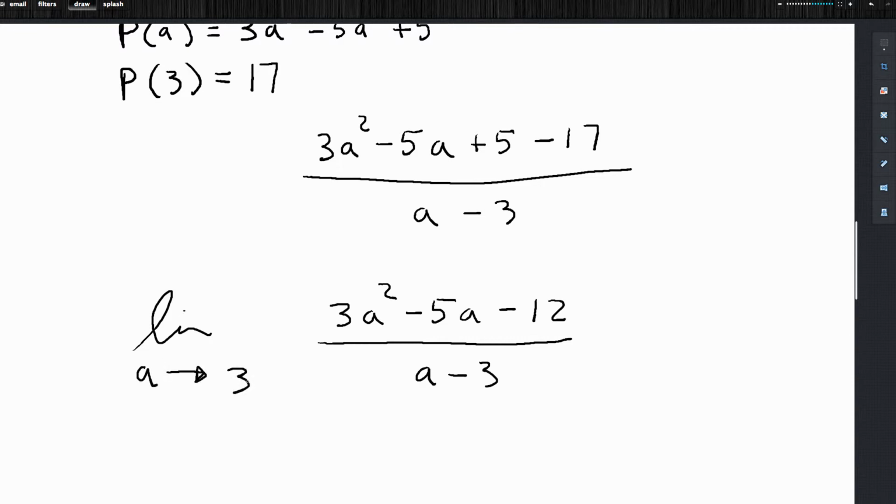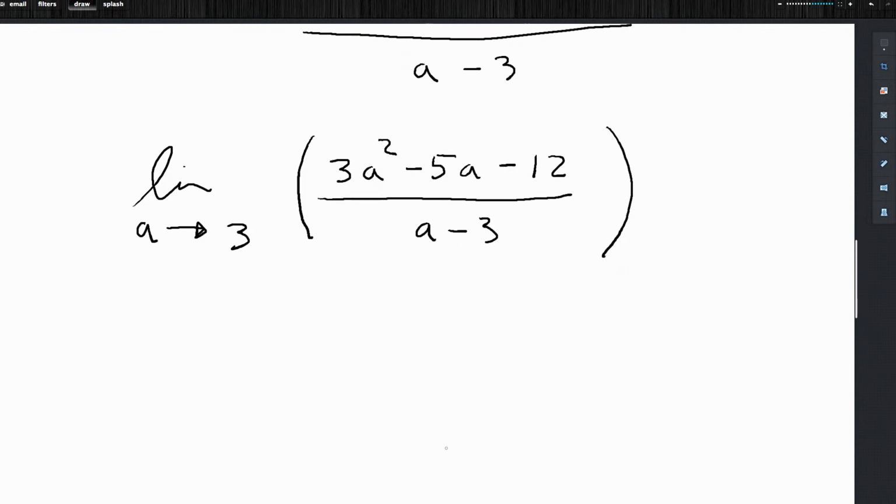Now notice that everything is apparently fine, because if you plug 3 into the expression on the top, I believe you're going to get 0, and if you plug 3 into the expression on the bottom, you get 0. So there's a chance that this limit actually exists, and in fact it does. But let's see how we calculate that.